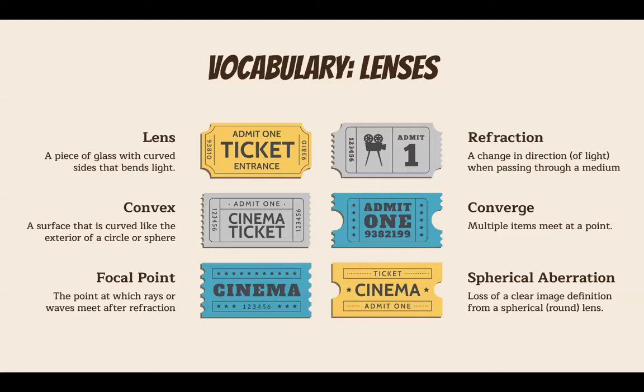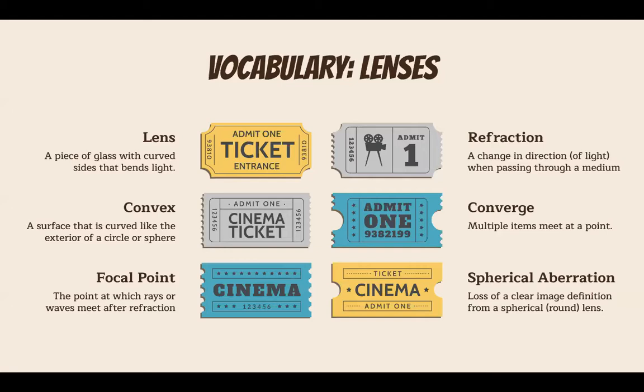That bending is called refraction, a change in direction, in this case of light, when passing through a medium. So it bends those light waves, and those waves will converge, which means they meet at a single point. Converge is a vocabulary word. Two people are walking, they get closer and closer, they converge together.